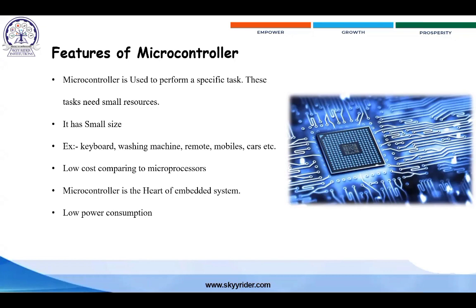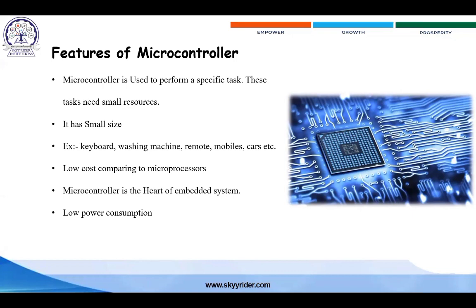You can't go for a microprocessor, which is used for general purposes. So you will be using different types of microcontrollers for different, specific tasks. That is one of its features.